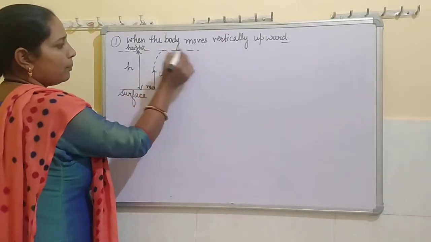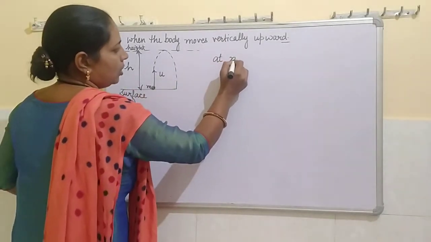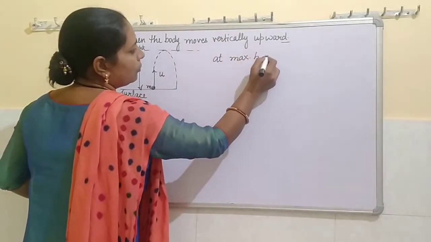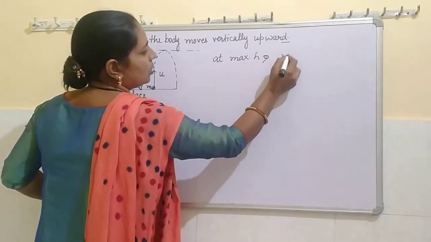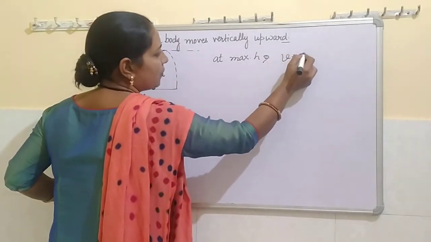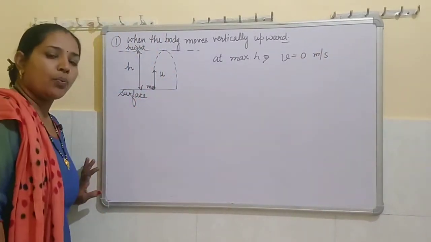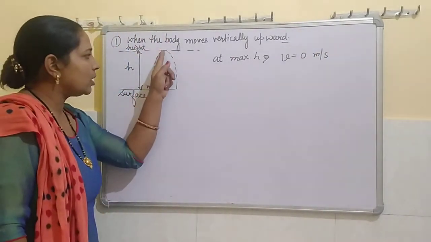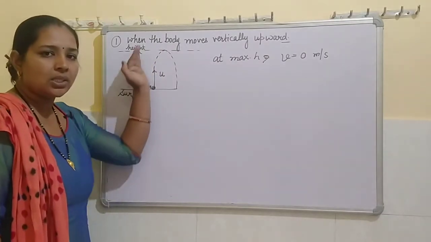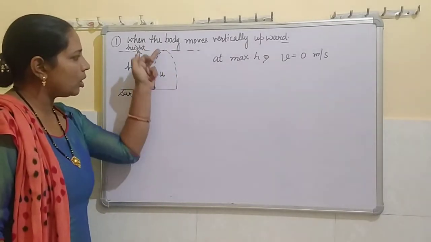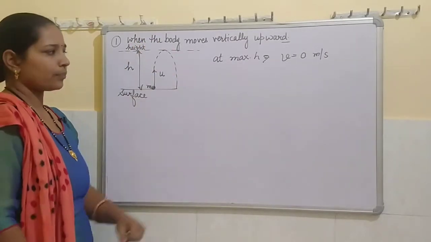That means at maximum height, the final velocity of the body is 0. We will always consider v at height is 0 meter per second. Why is it 0? Because at this point the body changes its direction. It will now come downward.